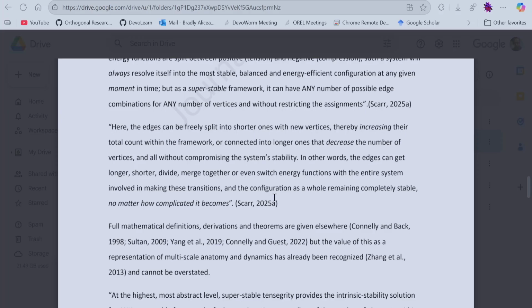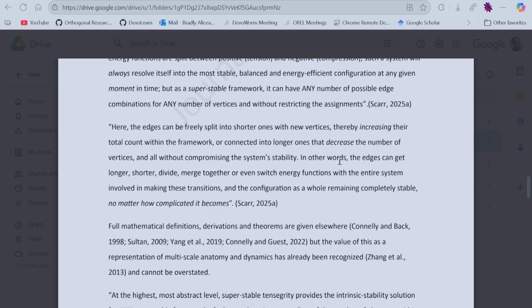If you're talking about a cell that's dividing, there's this process of breaking this tensegrity structure into two parts, or replicating the tensegrity structure, but in a way that breaks its continuity. How do you recover that shape? How do you recover that structure? This is what they're getting at in this section.